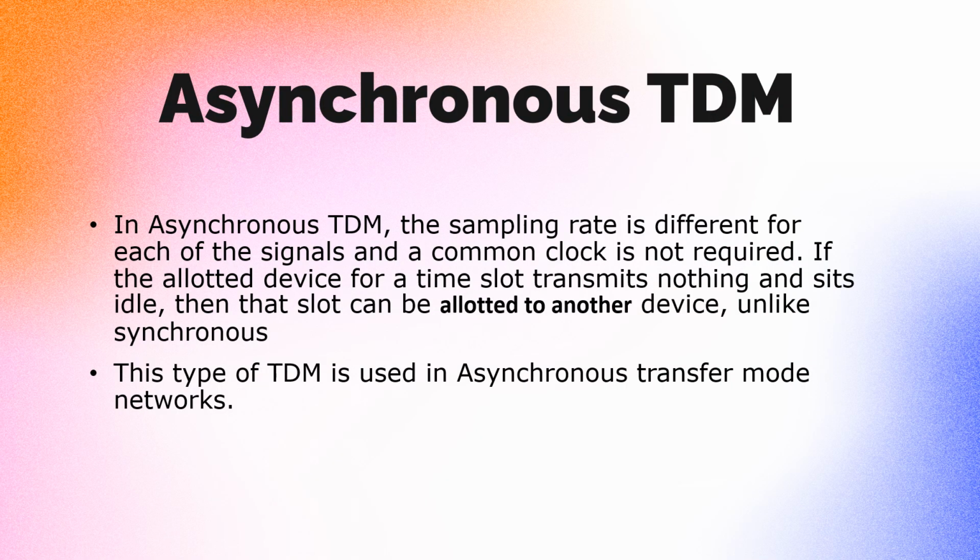Second, we have asynchronous TDM. In asynchronous TDM, the sampling rate is different for each of the signals and a common clock is not required. If the device allotted a time slot transmits nothing and sits idle, then the slot can be allotted to another device, unlike synchronous. So it is a betterment over synchronous TDM. This type of TDM is used in asynchronous transfer mode networks.